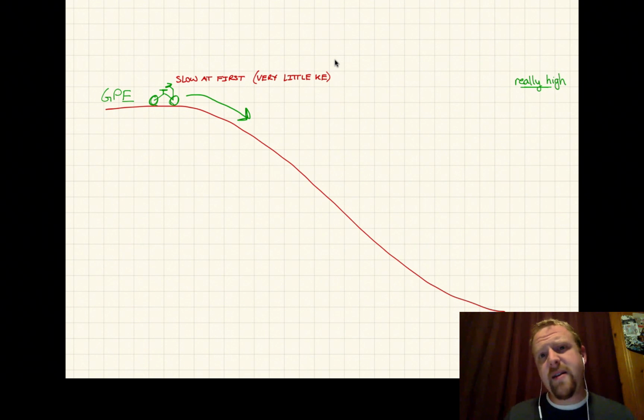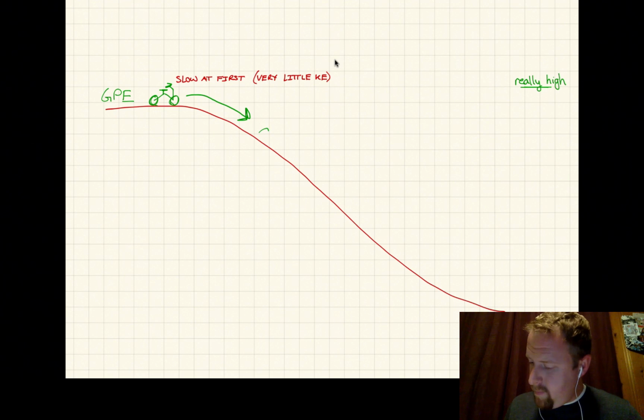Now, as the bike starts to roll down the hill, okay, we see it pick up speed, okay? And then when it gets to the bottom of the hill, the bike is going super fast.